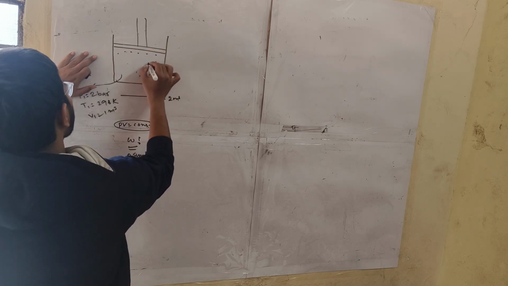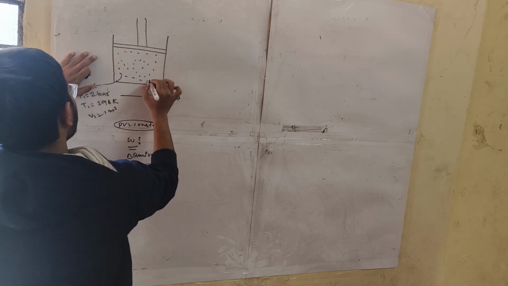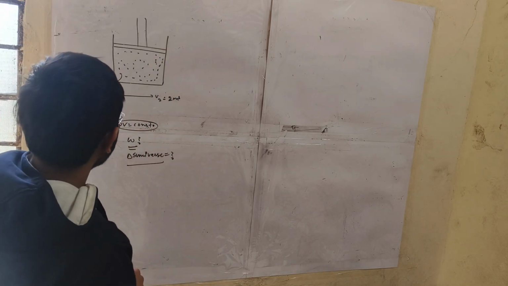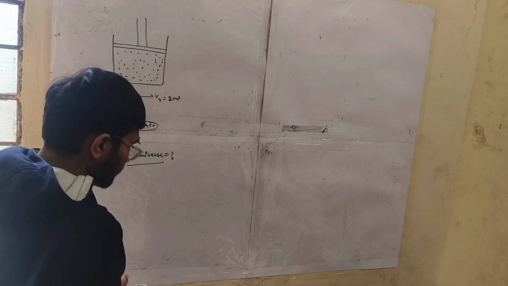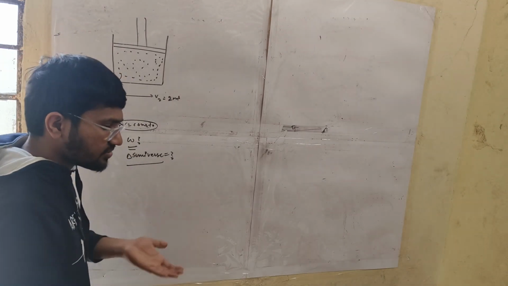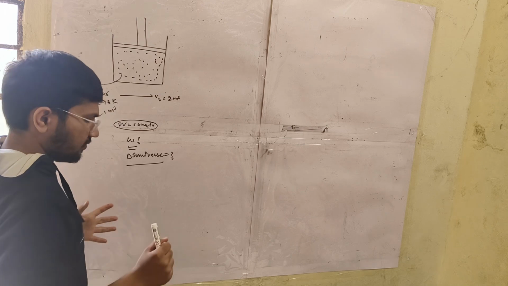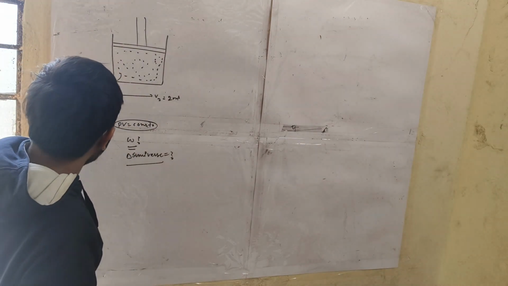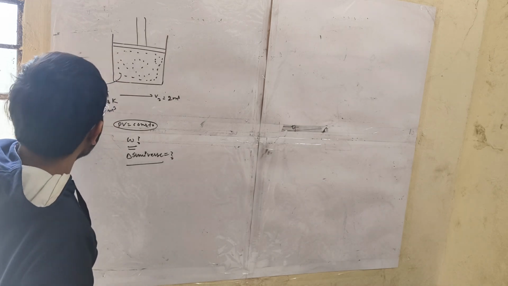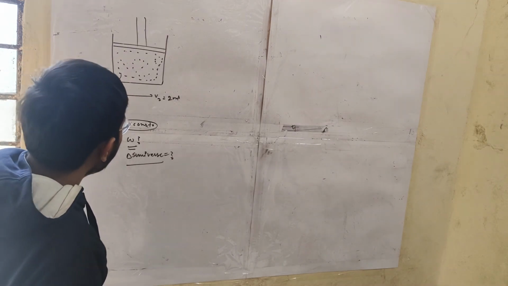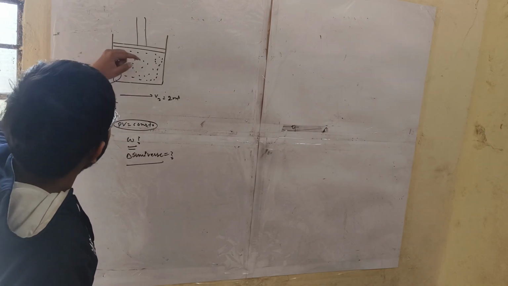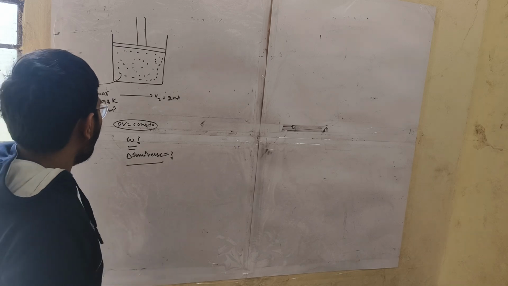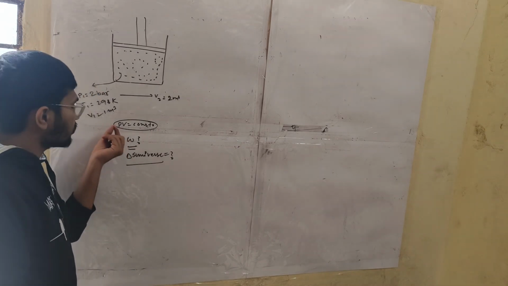The nitrogen gas is filled in this vessel, and we provide some heat to the system by using an external element like a heater. We maintain the initial pressure, temperature and volume of this cylinder. We expand this cylinder up to the volume of 2 meter cube, and we follow this isothermal process.